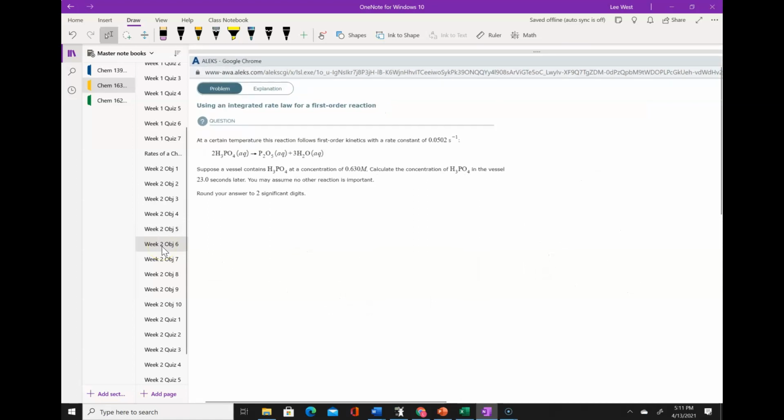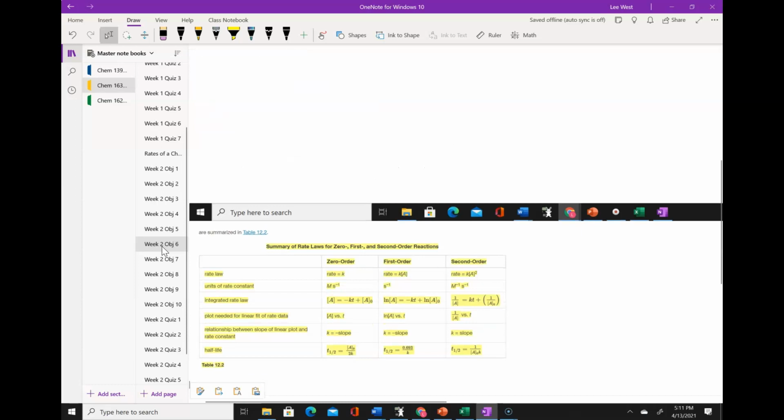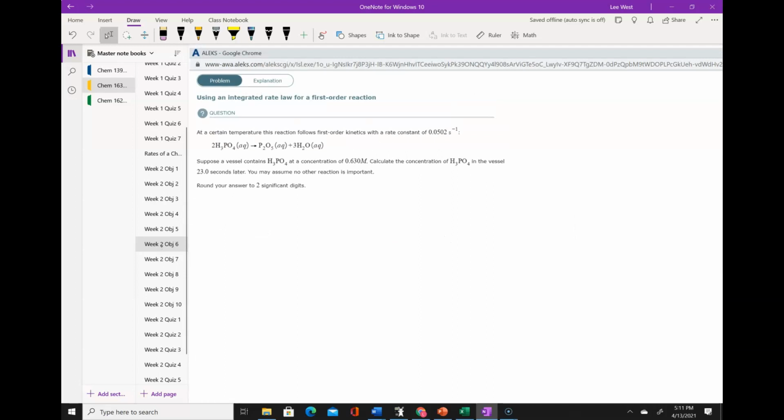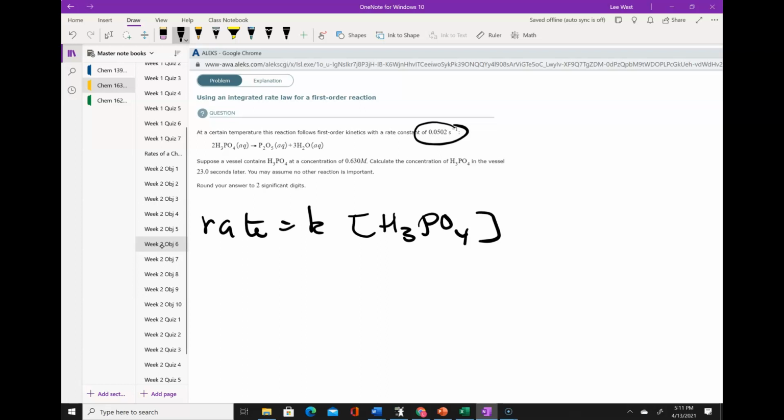Using an integrated rate law for a first order reaction. So I'm going to get my table of integrated rate law stuff, and it is that stuff in there that I'm interested in. Okay, so we've got the rate constant, there it is. So we know that rate equals k times the concentration, and this is first order in the reactant. We also know that the integrated rate law applies.